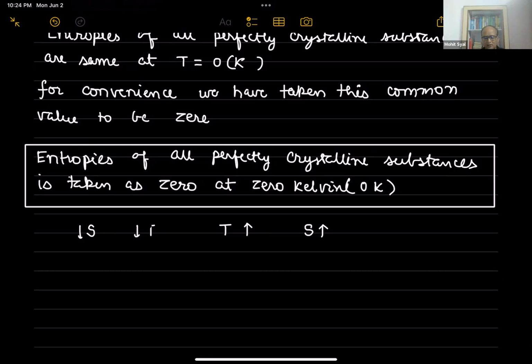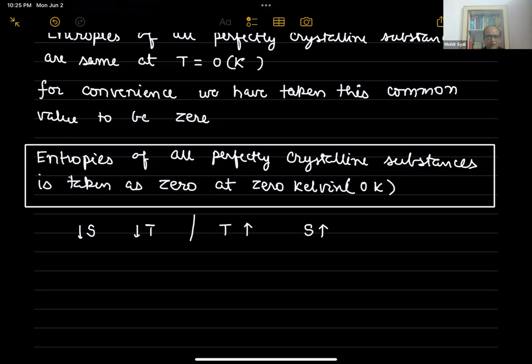So if you are lowering the temperature, the entropy is going to decrease. If you keep on lowering the temperature, lower and lower, the entropy will become lower and lower.